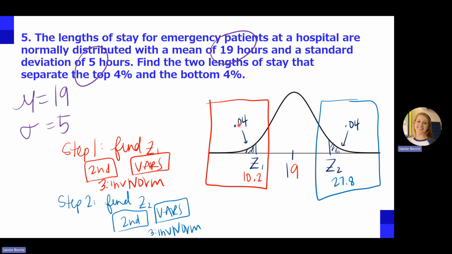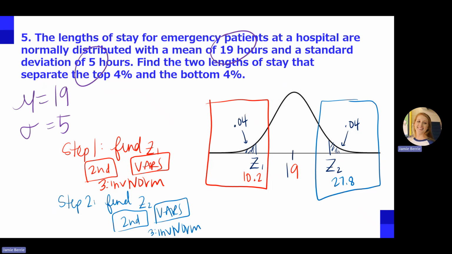Now, I told you there's two ways you could have done this. The other way is that you could have found the area in between instead. I don't think either method is particularly easier than the other. But what you would do here is say this little tail is 0.04, this little tail is 0.04, so that's 0.08.